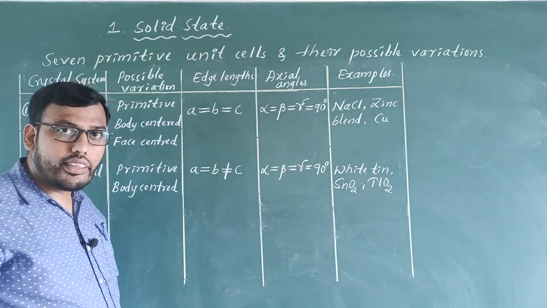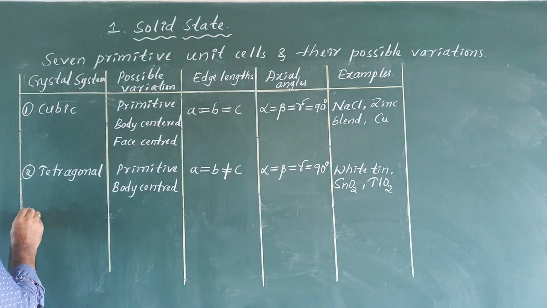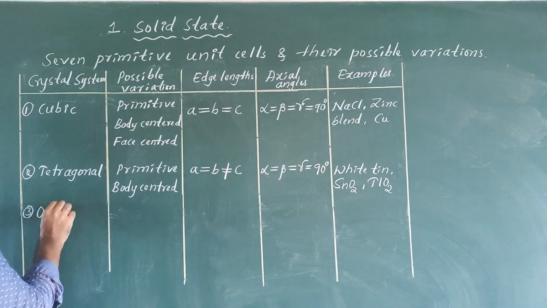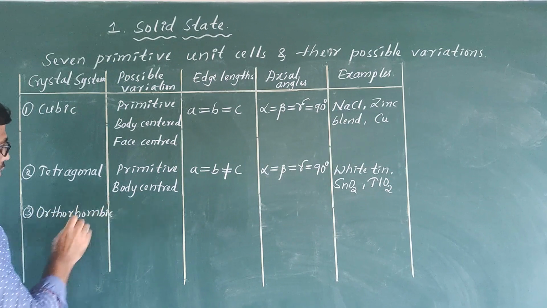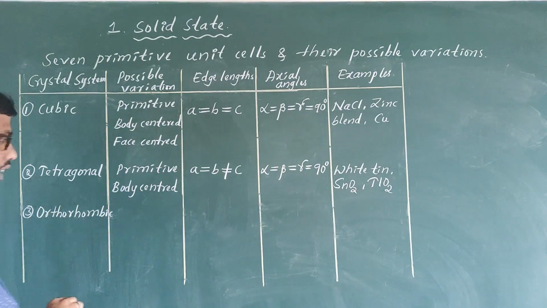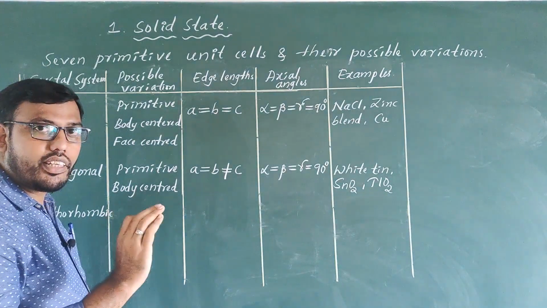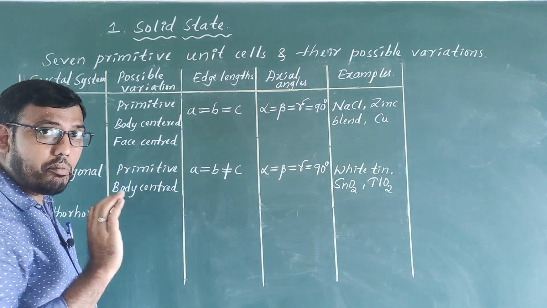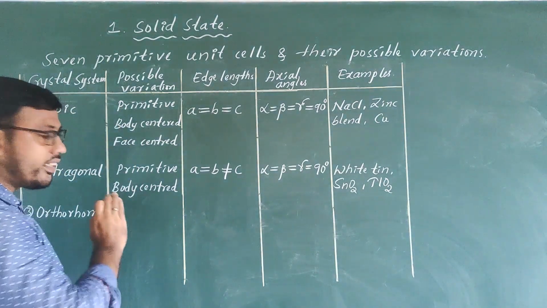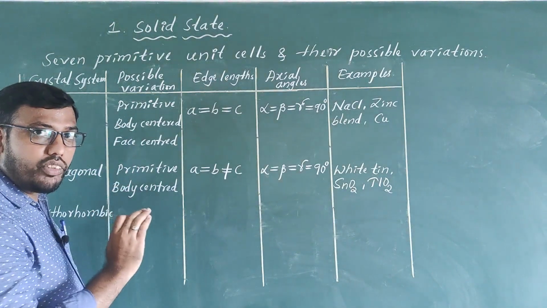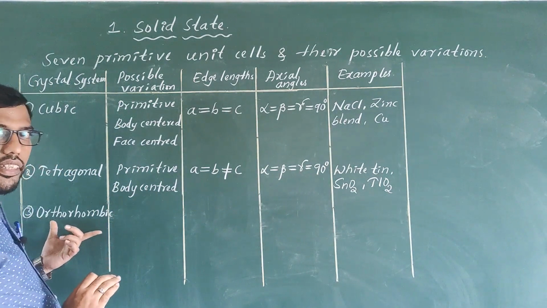Next moving to the third one, orthorhombic crystal system. In orthorhombic we have the maximum possible variations, maximum Bravais lattices among the 7 crystal systems. A primitive unit cell which has maximum possible variation is the orthorhombic crystal system.